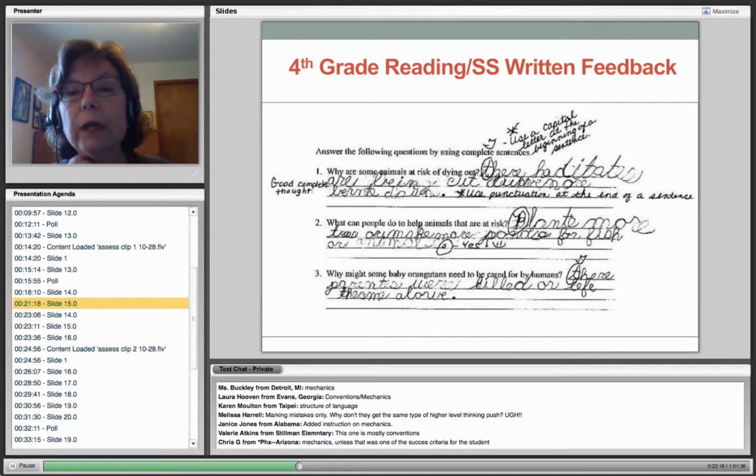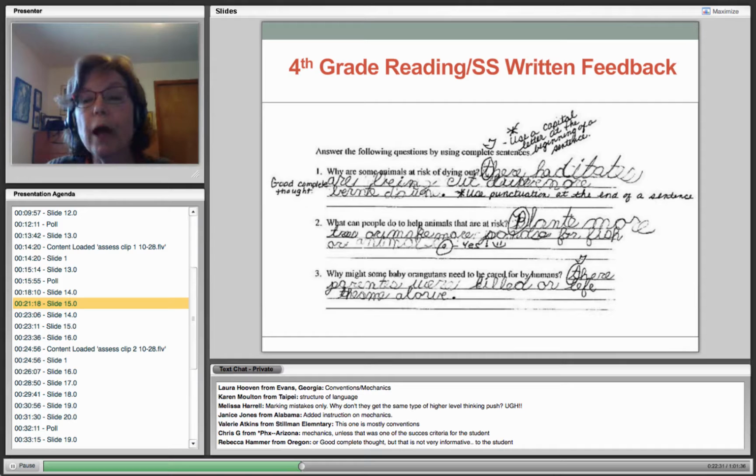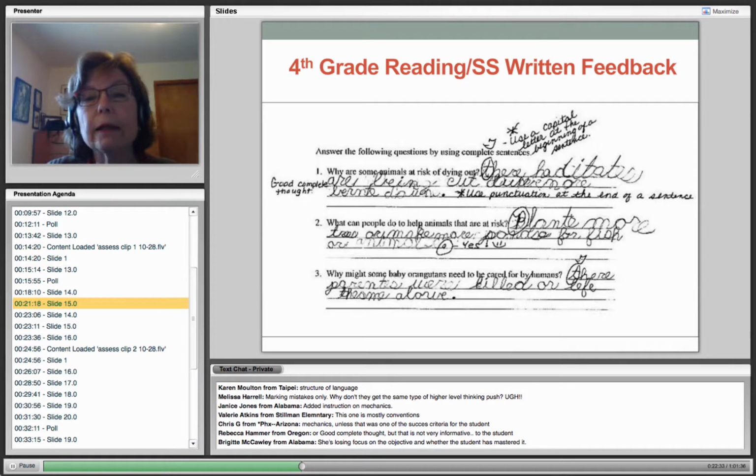If you actually read the content, though, the student has understood what was written. Plant more trees or make more ponds for fish or animals. The content is fine, and yet the tone of this feedback is most of what I care about.